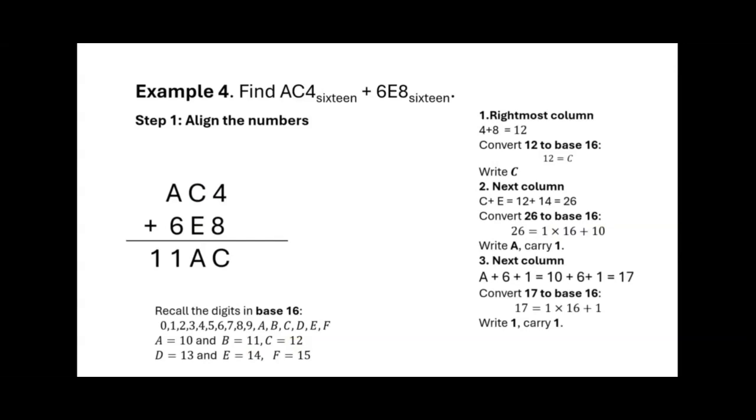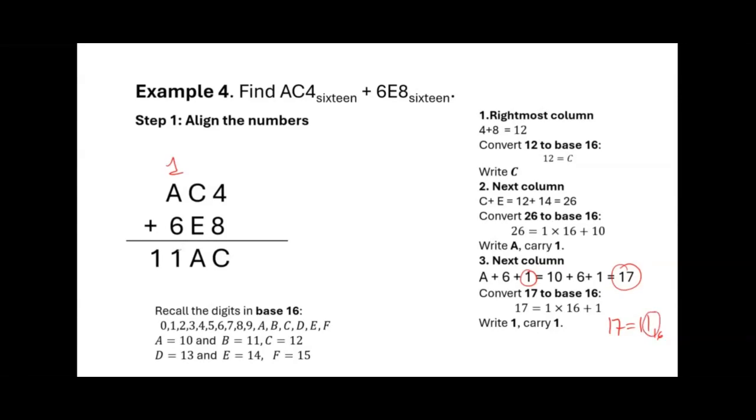Now I'm going to add A plus 6 plus the 1 that I had carried. That's why there's that extra 1. To do the sum in base 10, I write the A as a 10. So it's 10 plus 6 plus 1, which is 17. Now convert 17 into base 16. This is not too bad. 16 only fits once, and there's a remainder of 1. So 17 is actually 1, 1 in base 16.